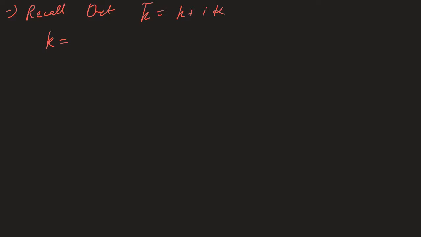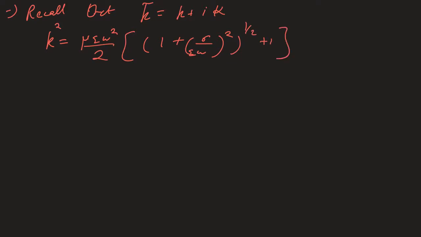For simplicity, let's just write K. If you remember, K squared was equal to mu epsilon omega squared over 2 into the square root of 1 plus sigma over epsilon omega squared, plus 1. Of course we had kappa also, but we'll come to that afterwards. But this is enough.